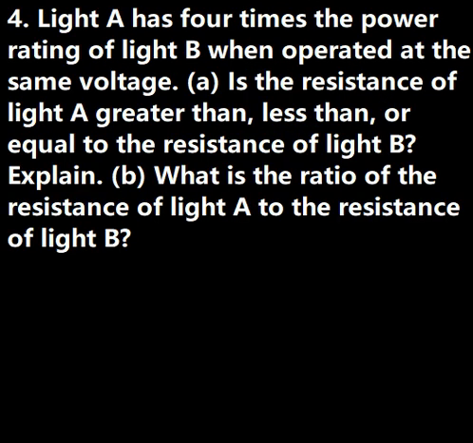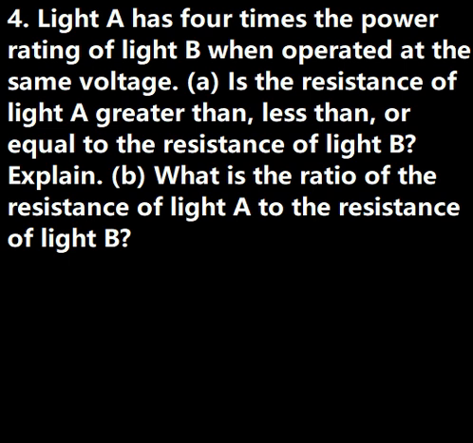And also let's try to go through this kind of conceptual question. A light A has 4 times the power rating of a light B when operated at the same voltage.